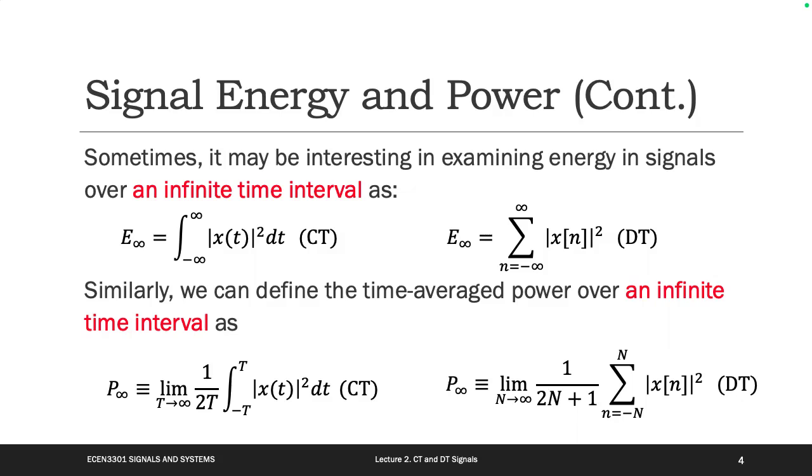And then the average power is just dividing by the time duration. Since here it is infinite, we need to use the limit. Because the T here goes to infinity, but why is there a 2T here? We talked about that in the last class. Why? Because you can see we should divide by T2 minus T1.